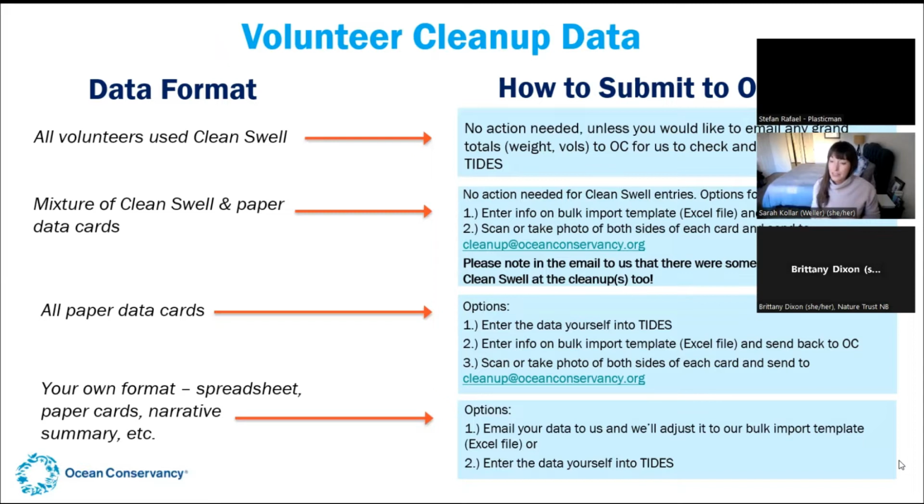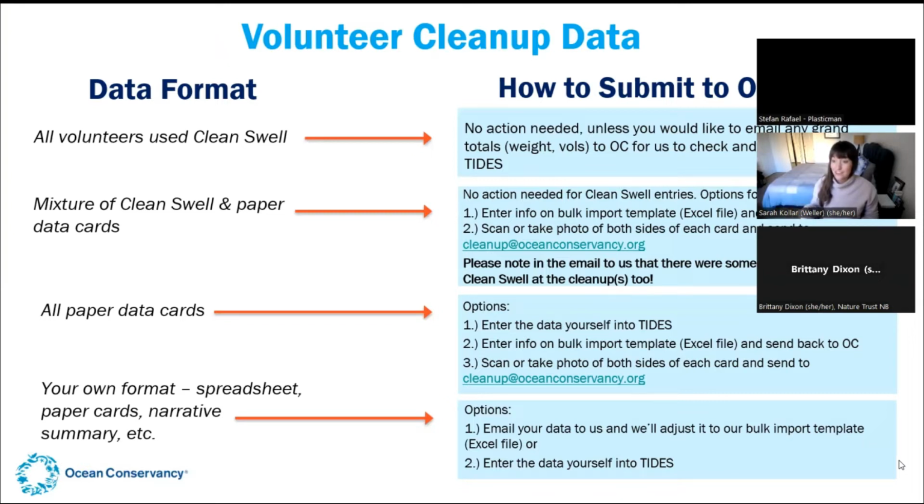There's also a bulk import template. It's basically an Excel file that we create each year. And we've been really happy with this tool, especially if you manage a lot of sites, like maybe you have more than 10 of these volunteer data cards of your own. The Excel file might be a good route for you, especially if your organization is already storing your data in a spreadsheet like that.